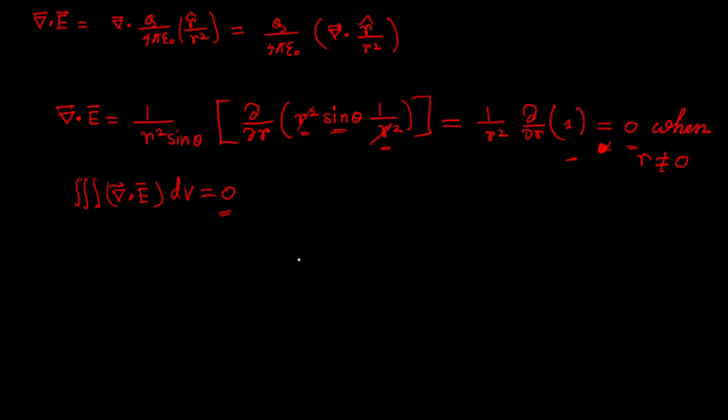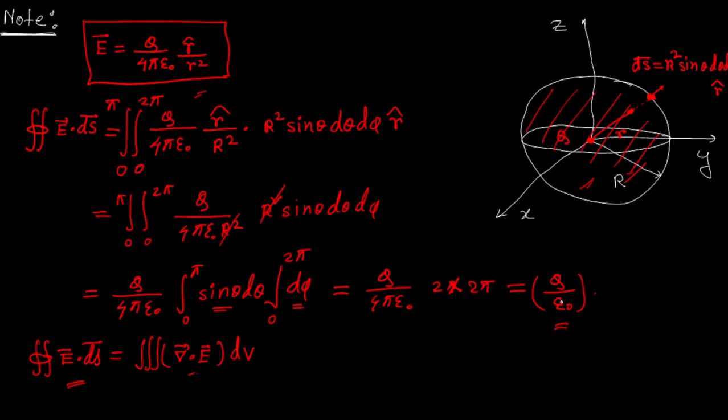Look at the surface integral, where we get q by epsilon naught. So we can get some result for the divergence of this electric field in such a way that from the volume integral we also get the same result.